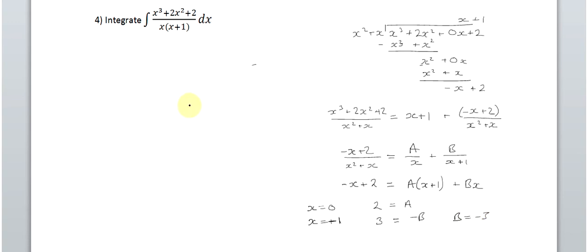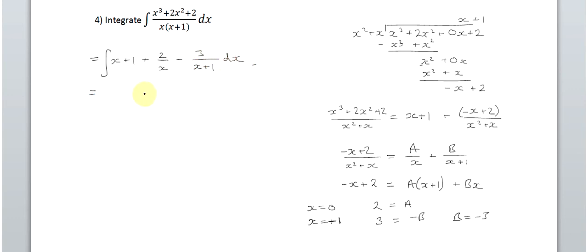So having done that, we can now rewrite this integral as integral of x plus 1, that's this bit here, plus a, which is 2, over x, minus 3, because that's our b, over x plus 1 with respect to x.